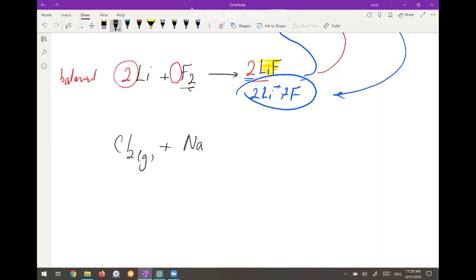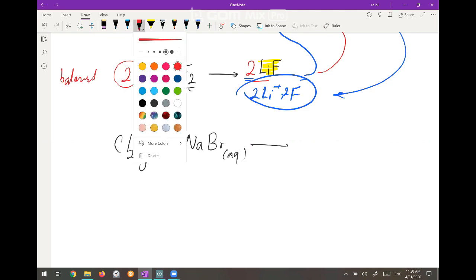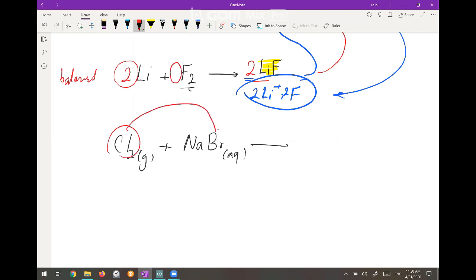Cl2 as a gas, sodium bromide. So what happens here? The chlorine replaces the bromine. An uncombined atom replaces another atom in the compound, in the NaCl. So the product would be NaCl, and bromine comes out of the solution, Br2.